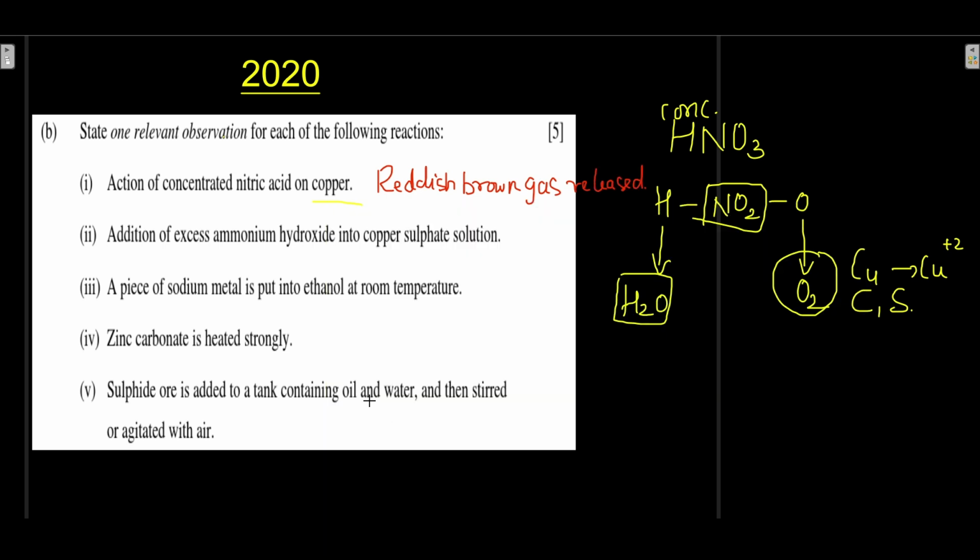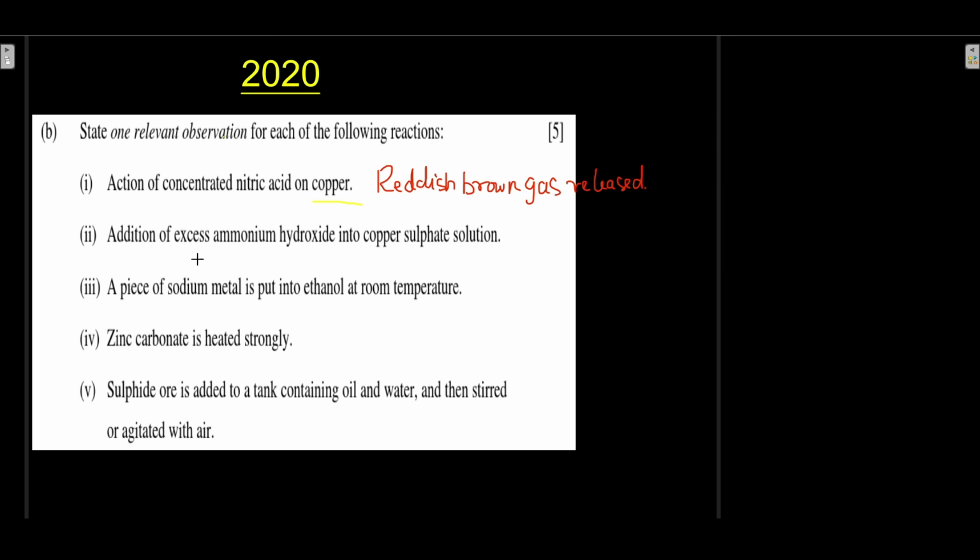That's it. Next question. Addition of excess ammonium hydroxide into copper sulfate solution. Here you will get copper hydroxide precipitate. So color of the copper hydroxide precipitate, but be careful, excess of ammonium hydroxide used.